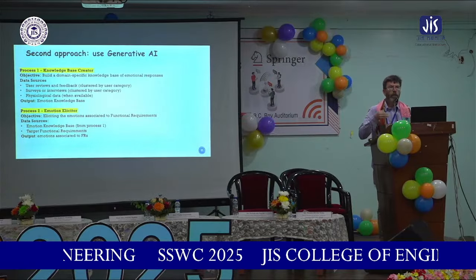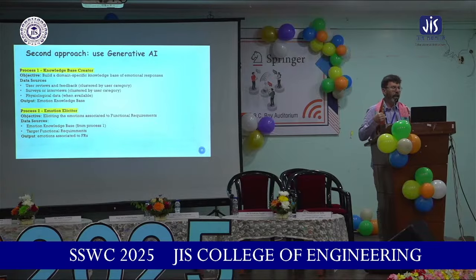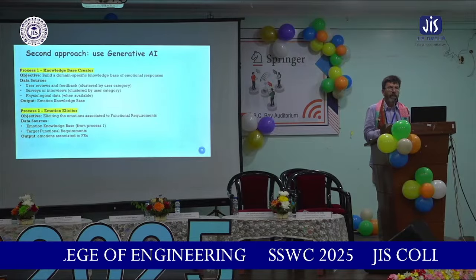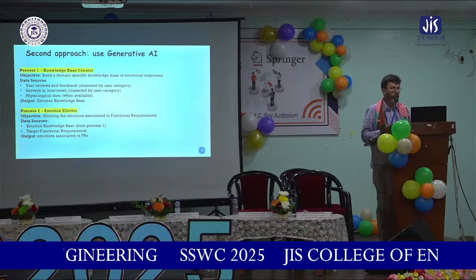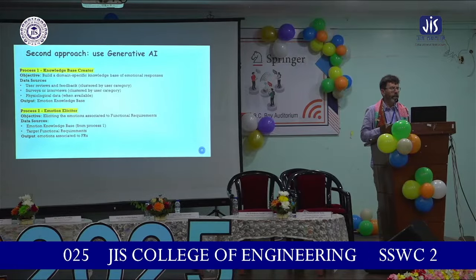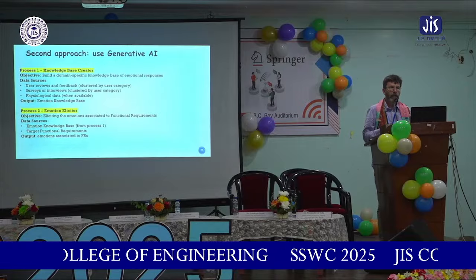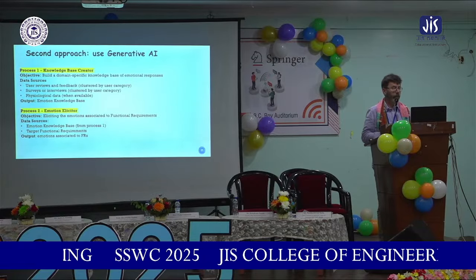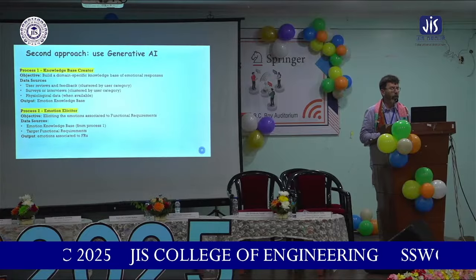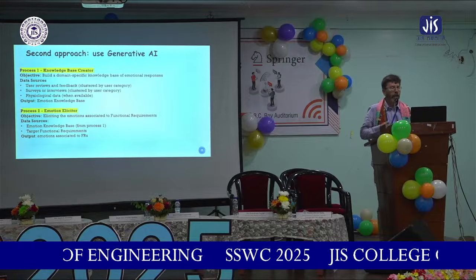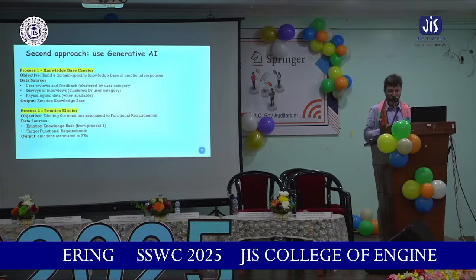And then on top of it we may build an emotion elicitor that has as a data source this knowledge base, as another data source the functional requirements that have an emotional impact, and having as an output the correspondence between emotions and functional requirements.